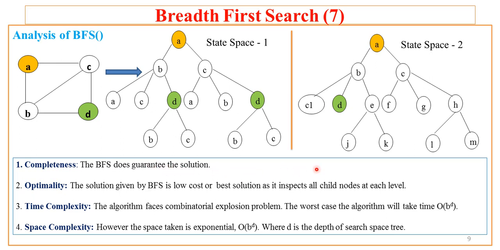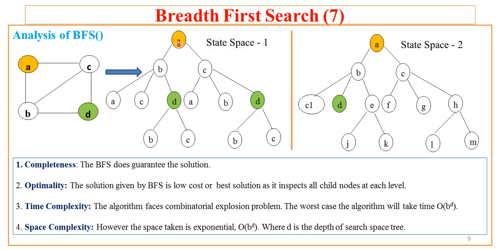Even if the state space is infinite, the algorithm still terminates. The BFS also gives a low cost and best solution, as it inspects all the child nodes at each level. For example, just focus on the state space 1.